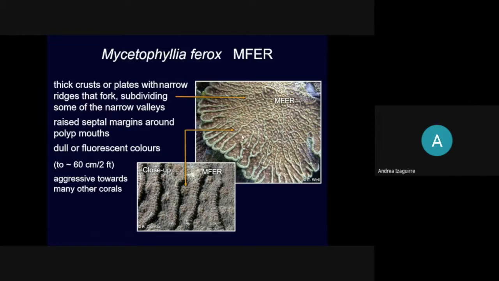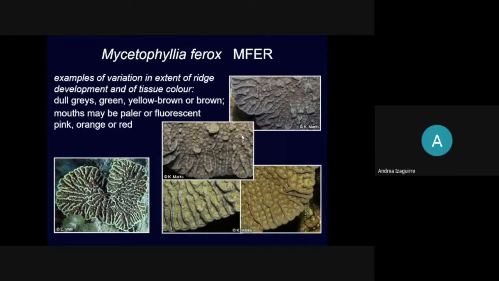And sometimes it'll have a different color for the polyp mouth. It's going to be pink. So in Mycetophyllia ferox, it's going to have those pink raised mouths, as you can see in that bottom left picture. And if you go really nice and close to it, you'll be able to tell that it is raised around where the polyp mouth is.